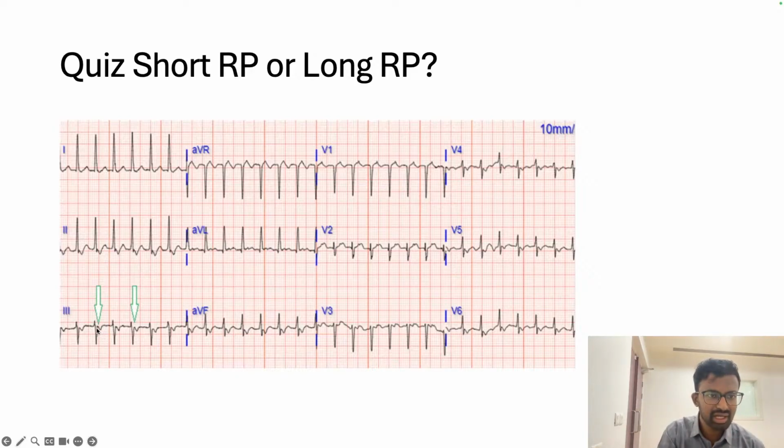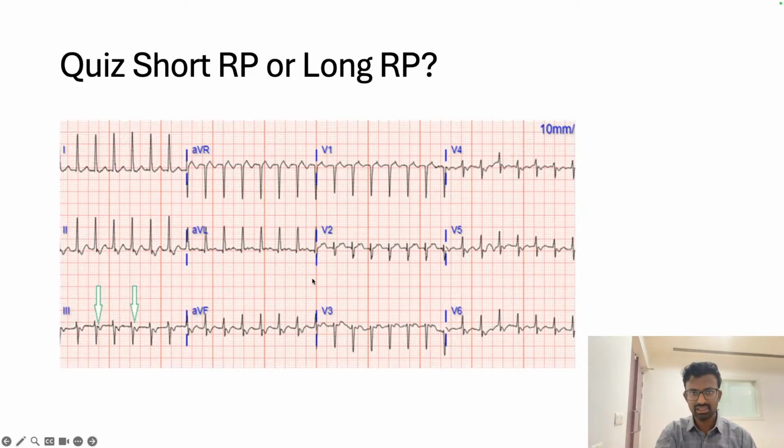If you take this as an R wave, there are only three small boxes, so it's less than 60 milliseconds for that RP interval. We need to calculate: a small box is 0.02 seconds, that means 20 milliseconds. So only 3 boxes come into that area, and this RP interval is less than 70 milliseconds.